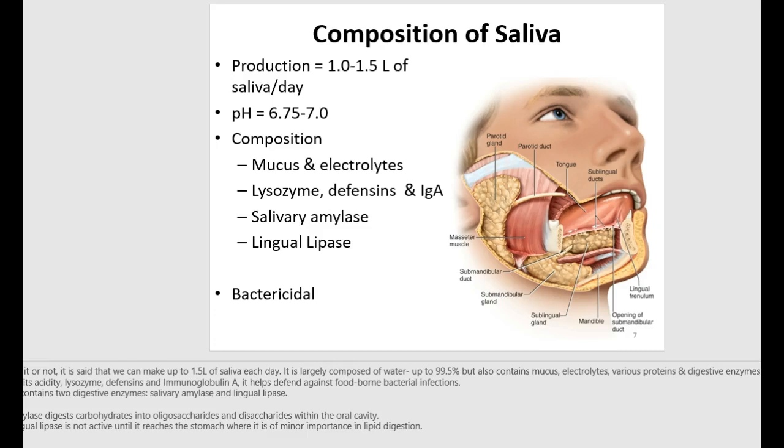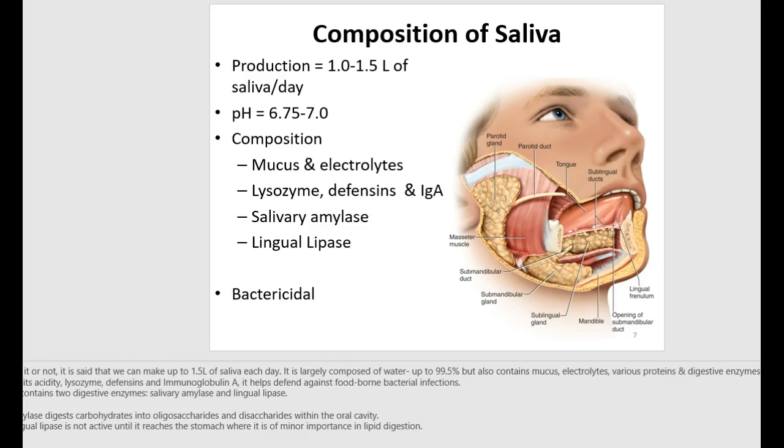It's largely made up of water, up to 99.5%, but it also contains mucus, electrolytes, various proteins, some digestive enzymes, and it's acidic at a pH of 6.75 to 7. Due to this acidity, the presence of lysozyme, defensins, and immunoglobulin A, it can help defend us against foodborne bacterial infections.